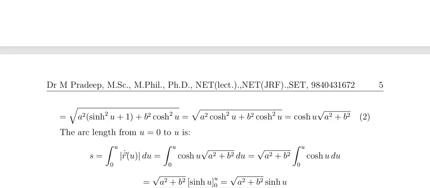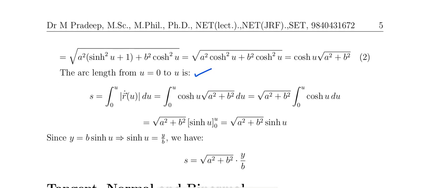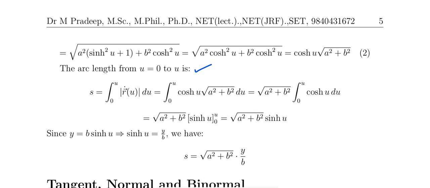Taking cos h square theta common, we get cos hu into root of a square plus b square. Applying the arc length limits from u equals 0 to u, taking root of a square plus b square outside and integrating, with the limits we get sin hu. So s equals root of something into sin hu.